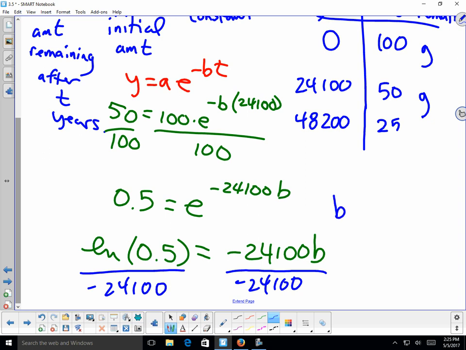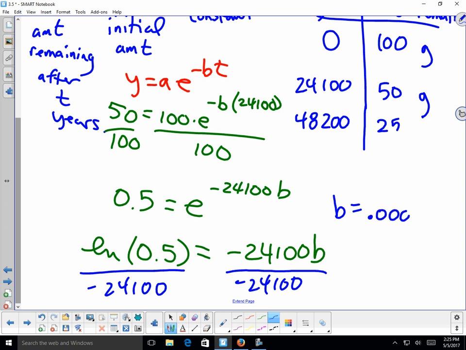Calculators, please, and can you give me, let's say, 6 decimal places for b? Anna? It's negative 0 point, and then you have 4 zeros, 29.